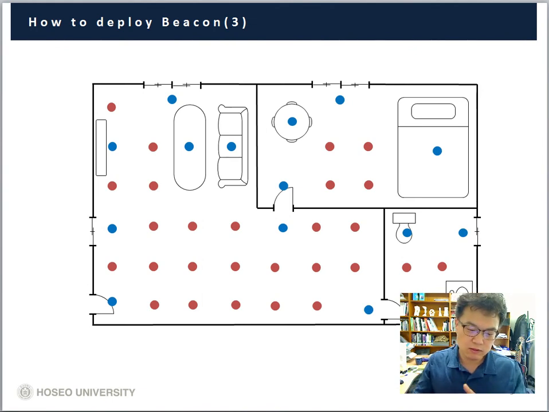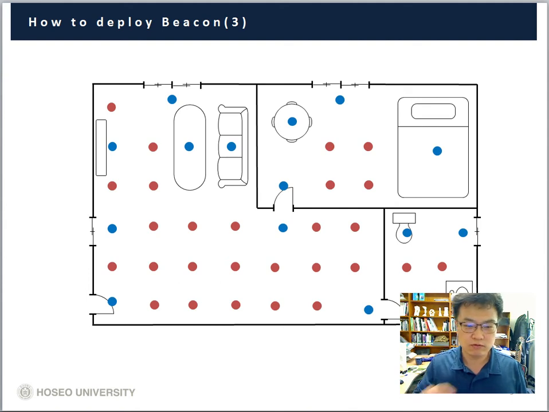Then we deployed others because there are two purposes. One is we have to acquire the location of some significant node, and then we have to know the process of the users moving.